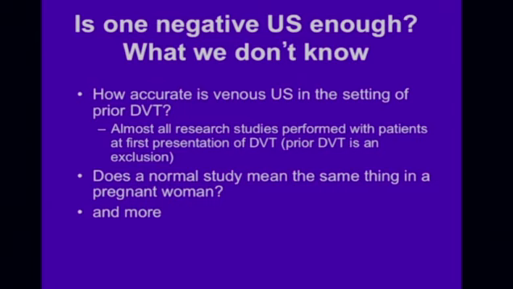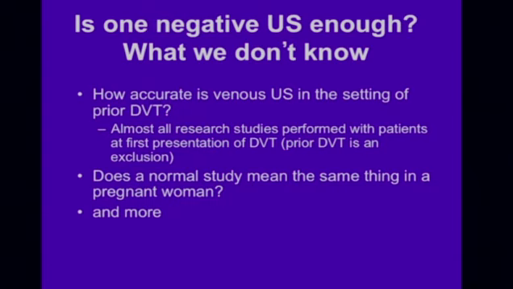So one does a negative venous ultrasound. Is that good enough? We know that in the standard patient with a new onset of deep venous thrombosis without a history, a study that goes from the calf to the ankle is a safe strategy. However, other patients, you don't know if this is a safe strategy.